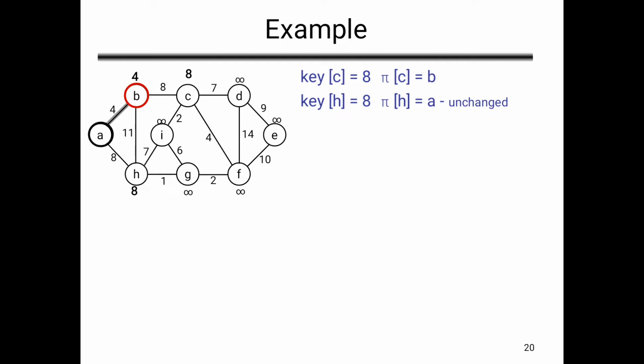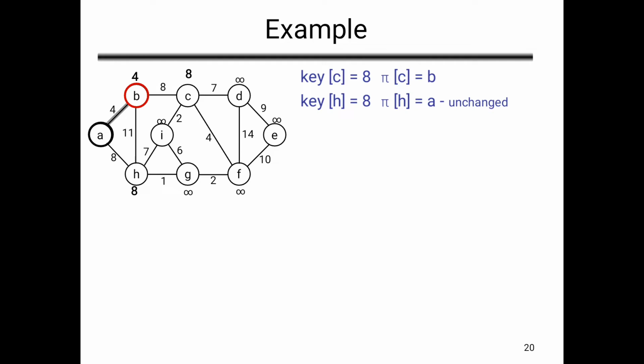Here A to B is chosen, and next B is connected in two ways, one to C and another to H. C having the cost 8 and H having the cost 11. So the minimum cost is C, so consider C. That means 8 we are considering.